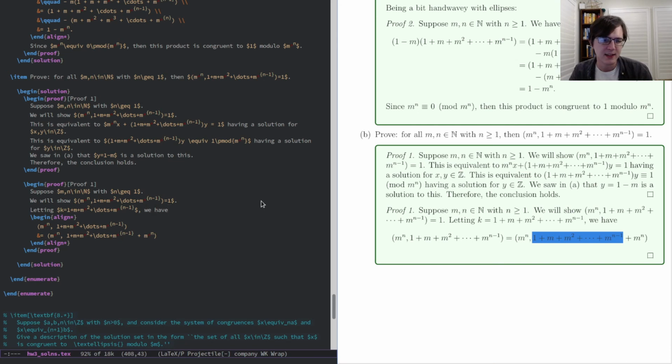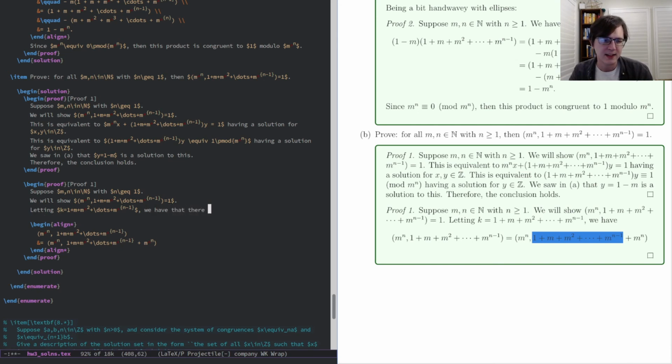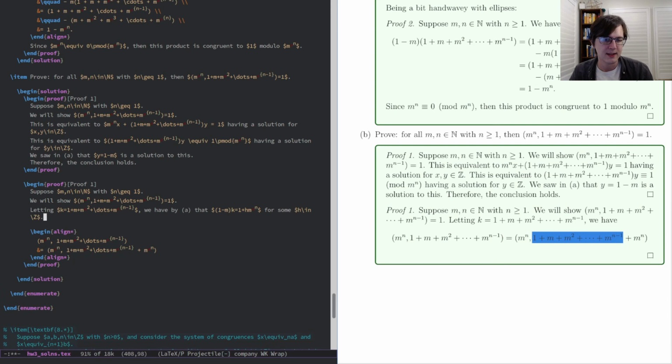So letting this, we have by A that 1 minus m k is equal to 1 plus h m to the n for some h in Z. So going back to the first idea, this GCD.